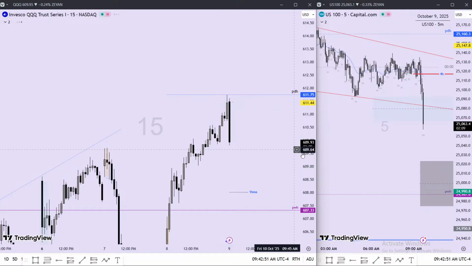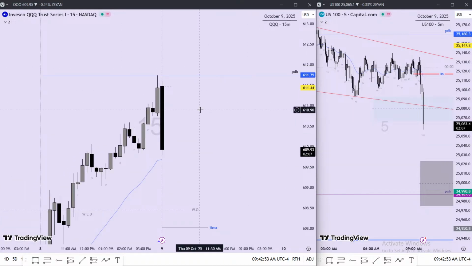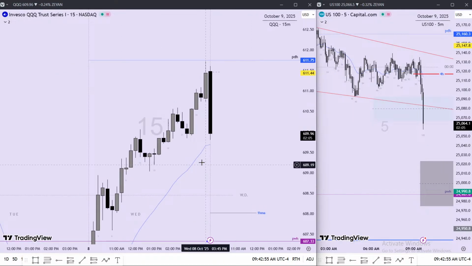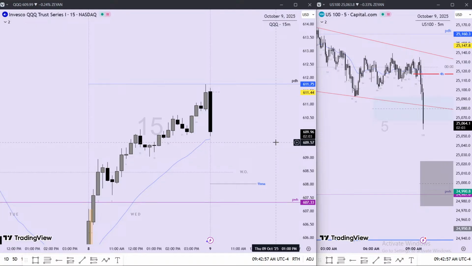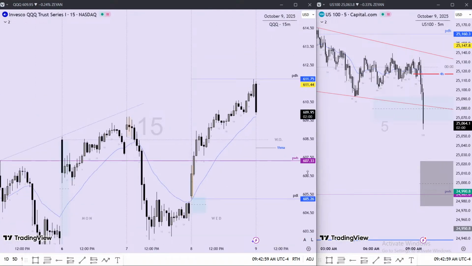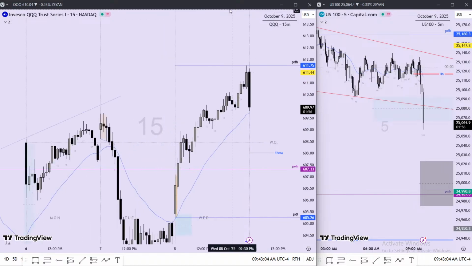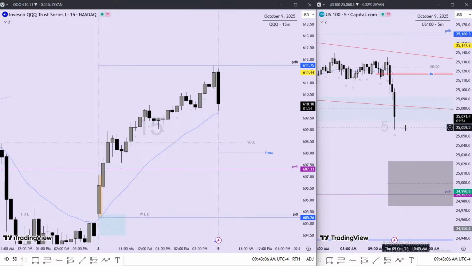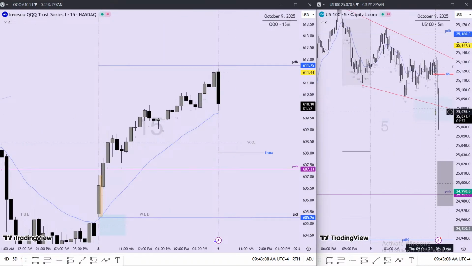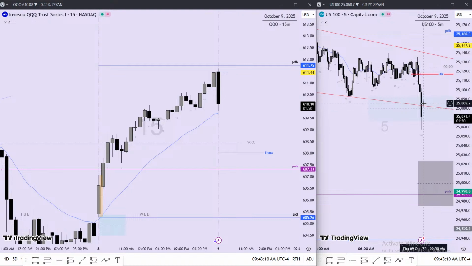Let's see how strong it is on the 15 minutes. Selling it here has its own risk.